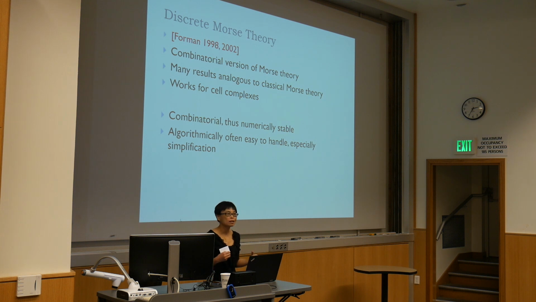The main advantage is that because of this combinatorial nature, I don't really need to handle numerical estimation so much. And one important thing is that later, when combined with persistent homology, it would also effectively help me simplify the computed one-stable manifold.